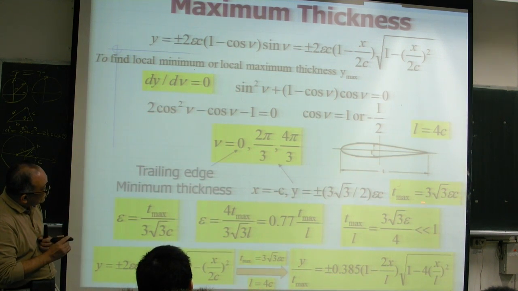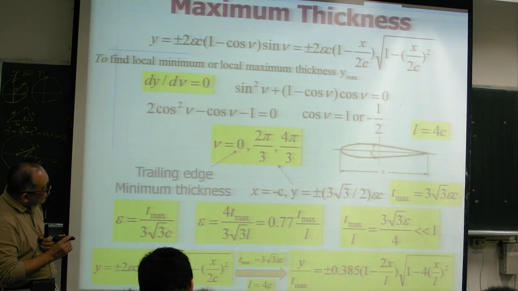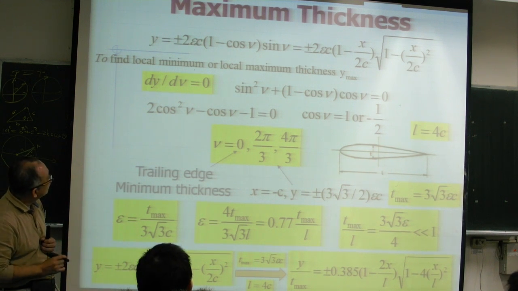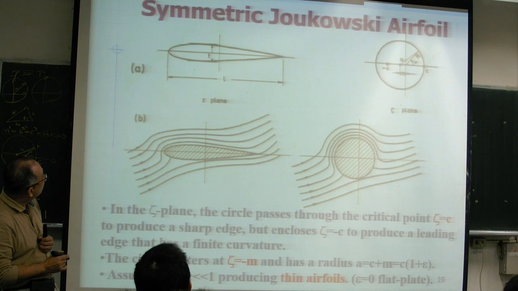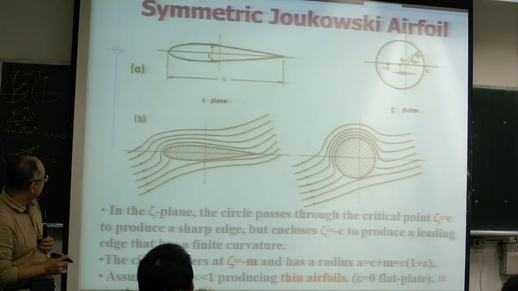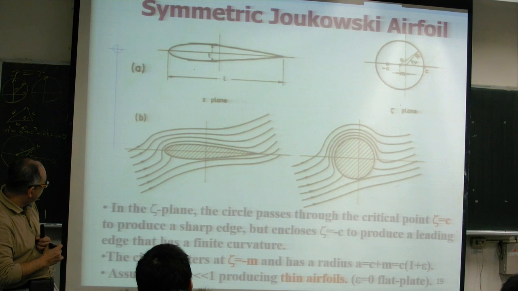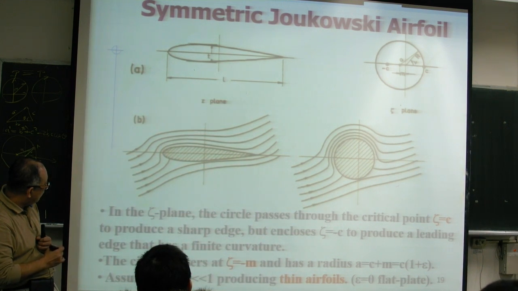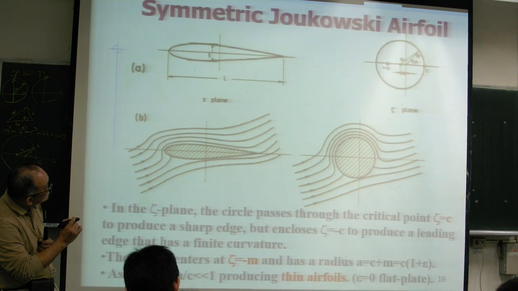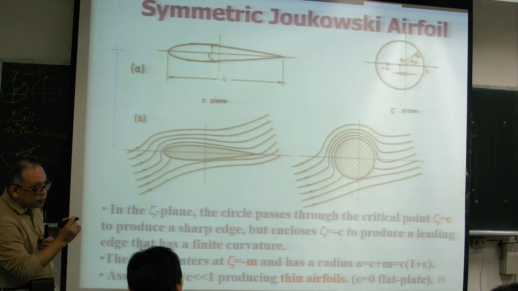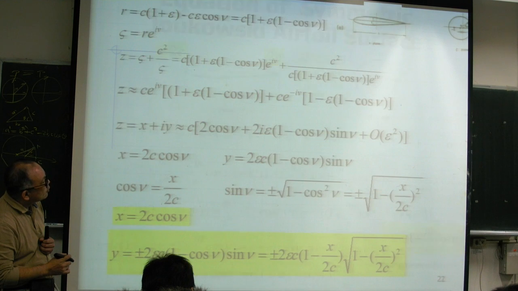So as you can see here, epsilon times C gives you M, right? Because if you remember, what is the epsilon definition? Epsilon definition is M over C. So if C times epsilon gives you M, what is M? M is this distance here, which corresponds to the thickness.